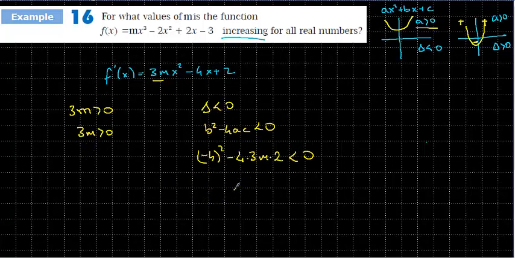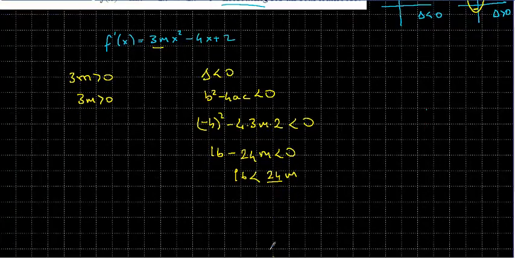Here that's going to be equal to 16 minus 4 times 3, 12, times 2 is 24m, less than 0. And we may send the m to the other side: 16 is less than 24m.